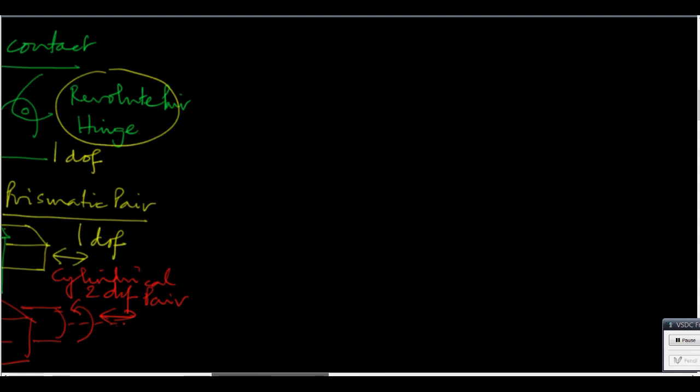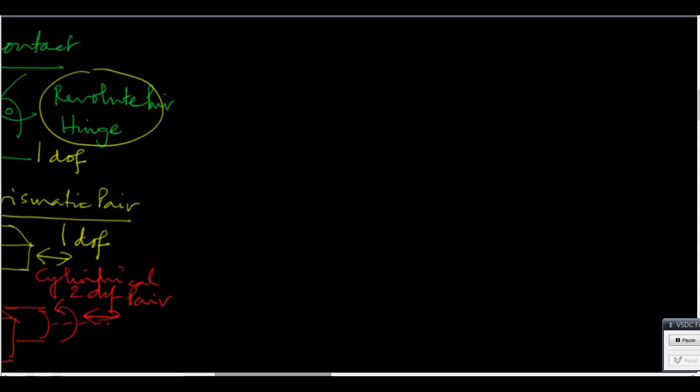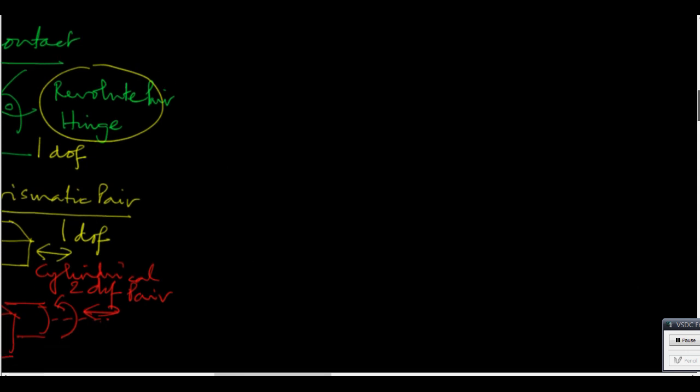Where are we going? A spheric pair is, so spheric pair, this picture will not be very good. I'm sorry. I will show you a sketch first which is like a 3D section. Okay.